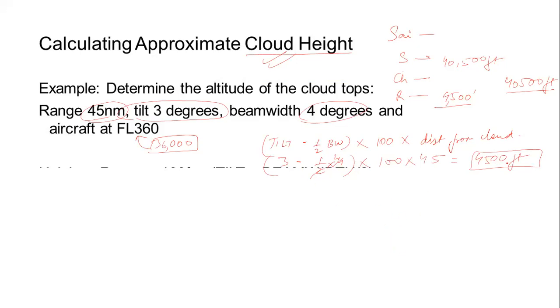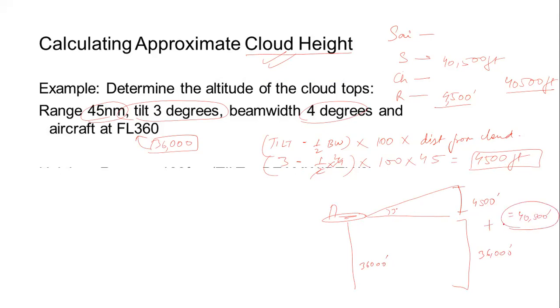Now where the common sense is applied, I'll explain. See, 4,500 feet is the cloud height from the place where the aircraft is already flying. Now, because this is the tilt, 3-degree tilt, that is why 4,500. We are already 36,000 feet above, so the cloud is also 36,000 feet plus this height, which equals 40,500 feet.